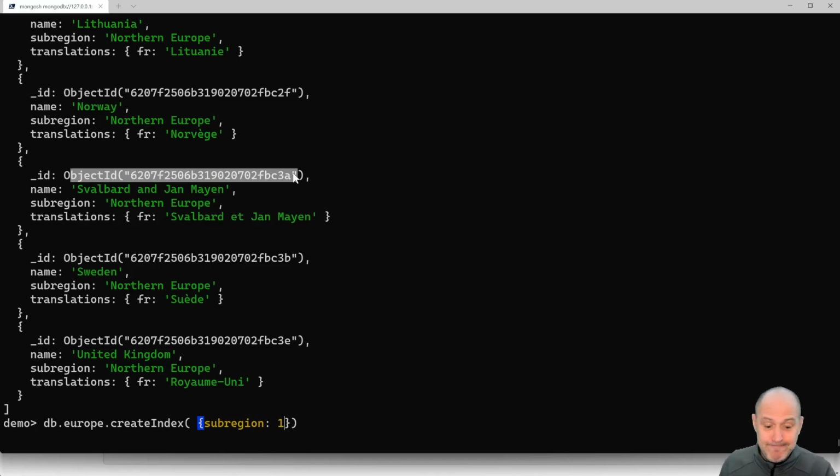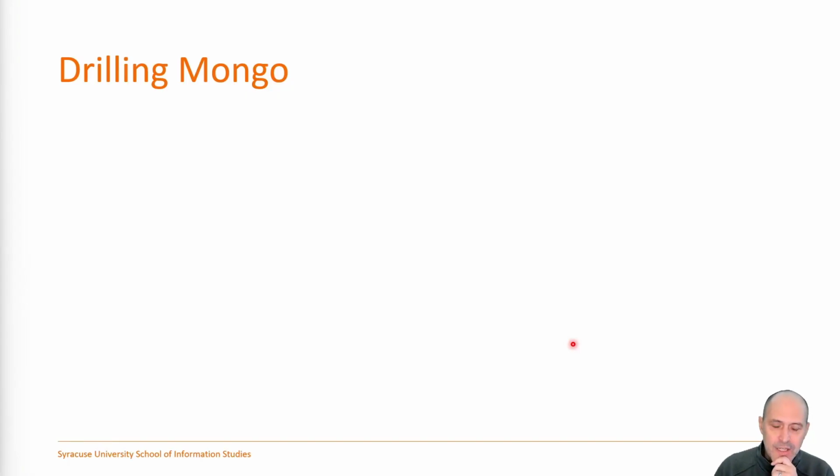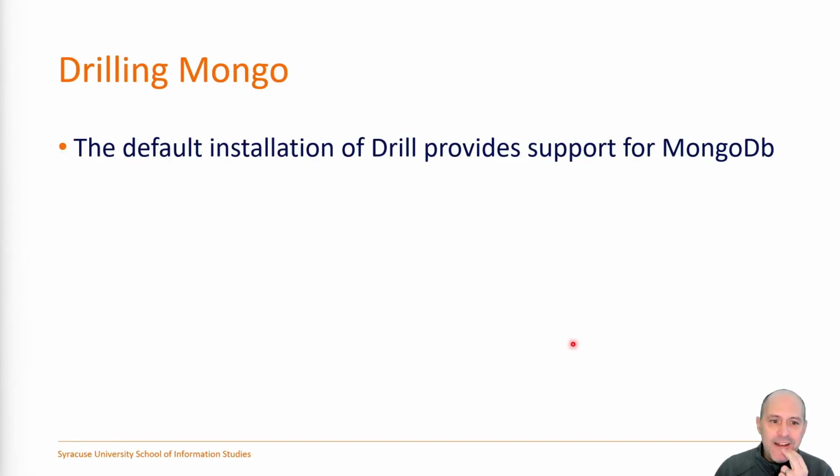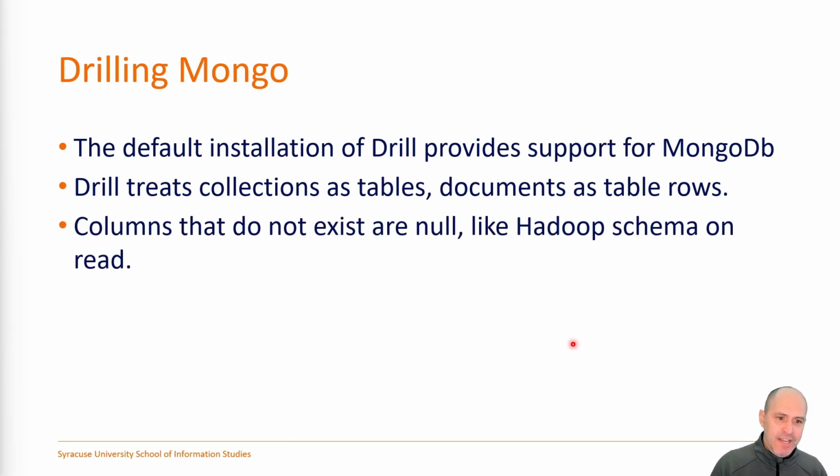All right, let's take a look at how Drill works with MongoDB. Drill has a storage provider for MongoDB. It treats the collections as tables and documents as table rows. It's very familiar to you because it works a lot like querying JSON data that exists maybe in Hadoop, or maybe in MinIO, or maybe in the local file system.